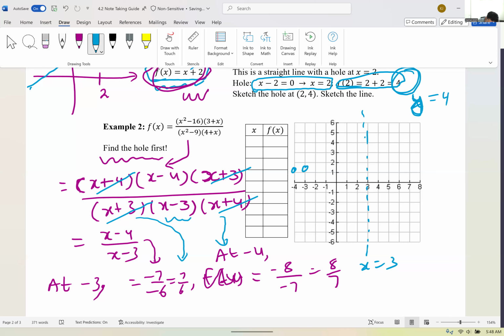You need to understand this is a hyperbola because if you do it, it is 1 minus 1 over x minus 3. That's what you will get if you look at that. So let me write on this side. It will become 1 minus 1 over x minus 3. That will be the graph.